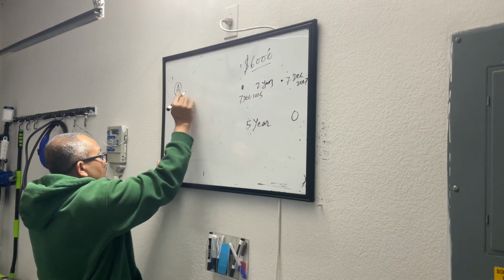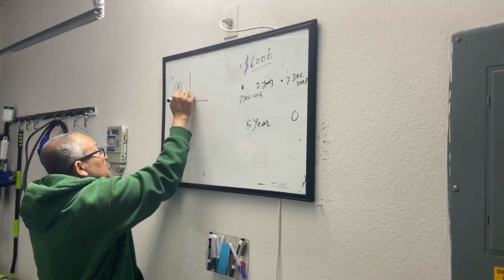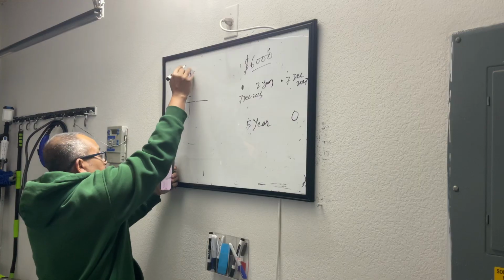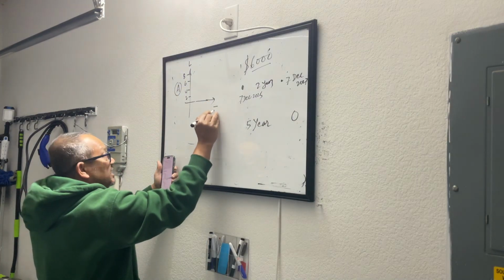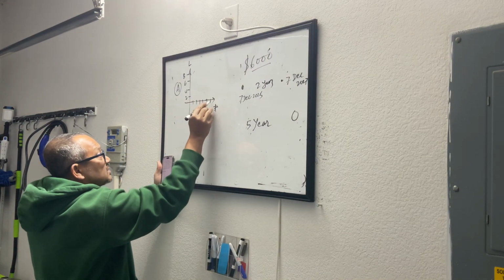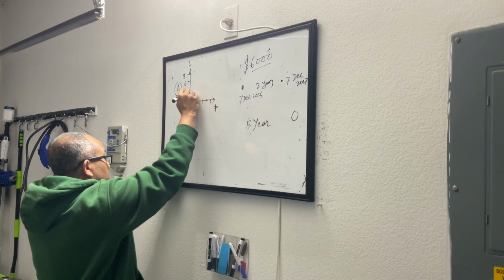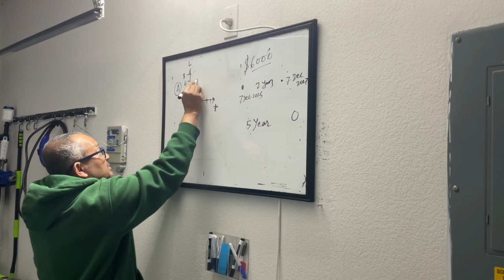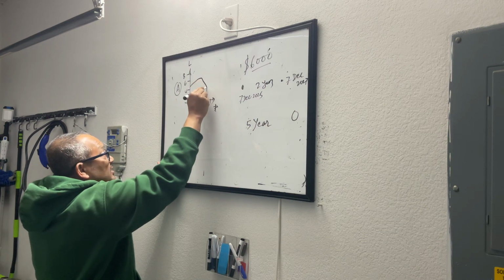Option A is showing this: 2, 4, 6, 8, and this is L, and this is T, and here 1, 2, 3, 4, 5, 6, 7. This one says starting from 5 goes to 6 and comes down to this.